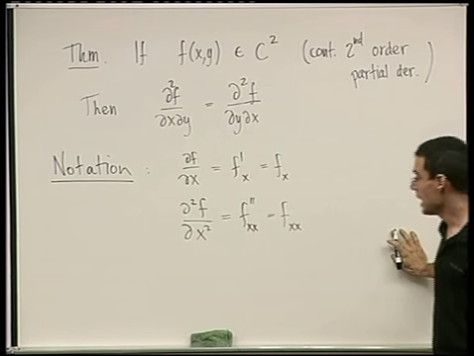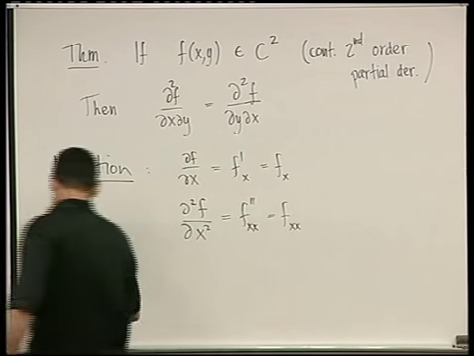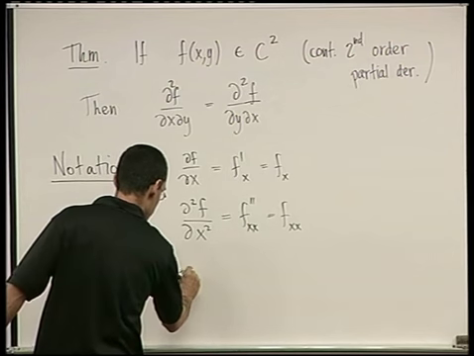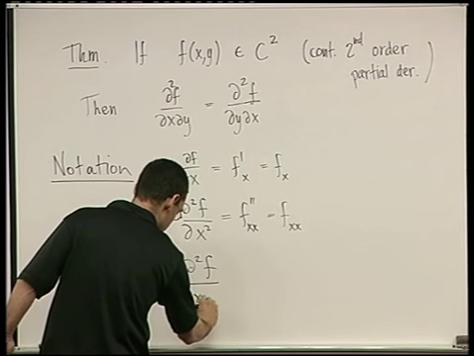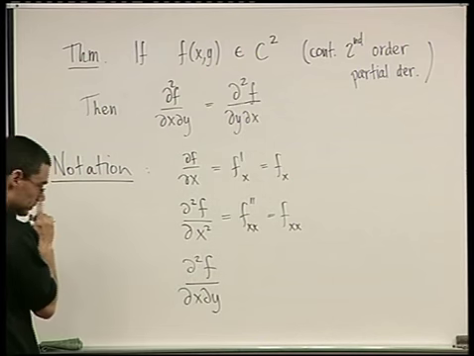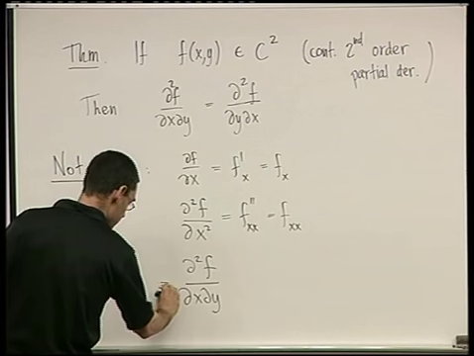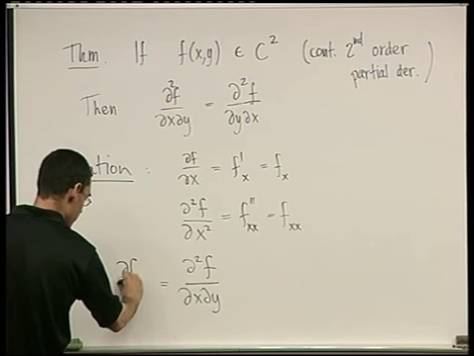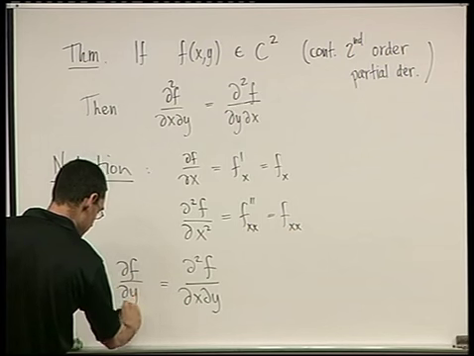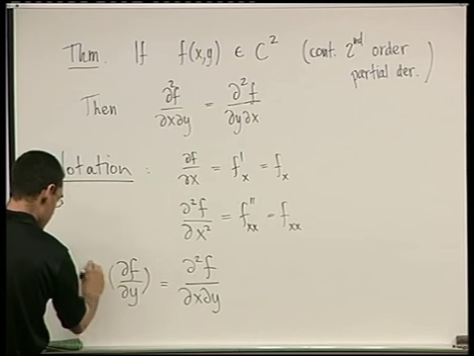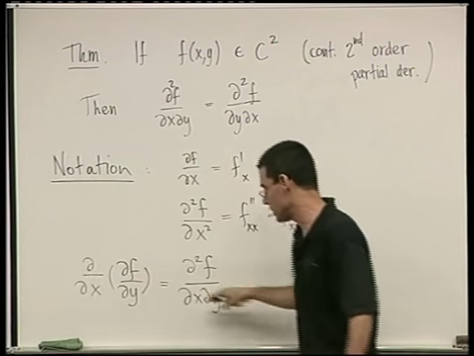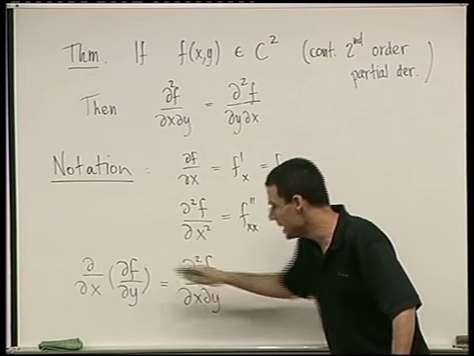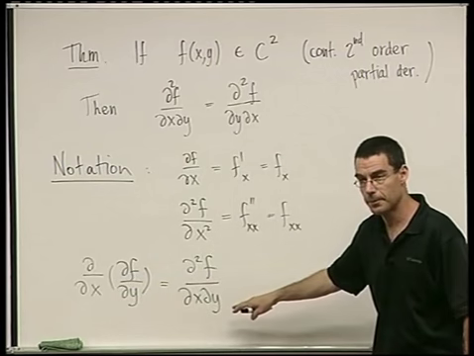Okay? And now here comes the confusing part. I hope I don't get confused. So the derivative of f with respect to x and y, so what was this? This was taking the derivative of f with respect to y and taking its derivative with respect to x. That's why this is the order in which it's written, in order to hint at this, right?